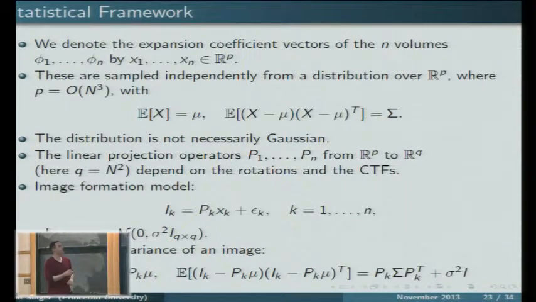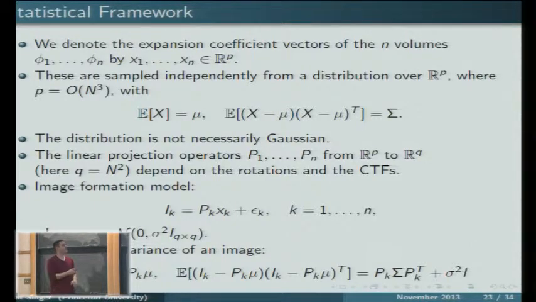All it means is that now, instead of volumes phi 1 to phi n, we represent them using vectors in a p-dimensional space. But these vectors are just the expansion coefficients of the molecules in this new basis. They are no longer just the values on the Cartesian lattice.